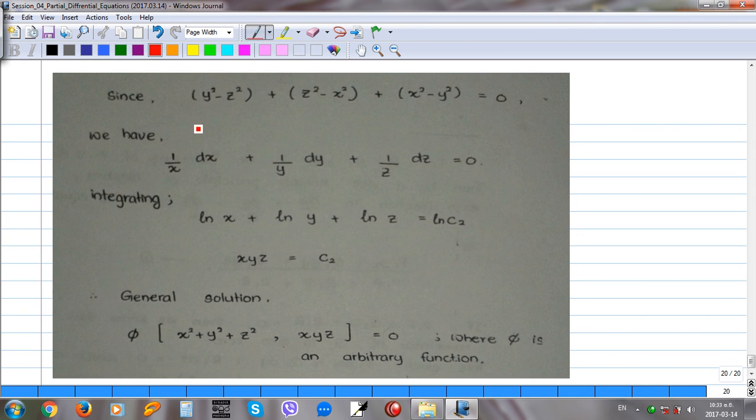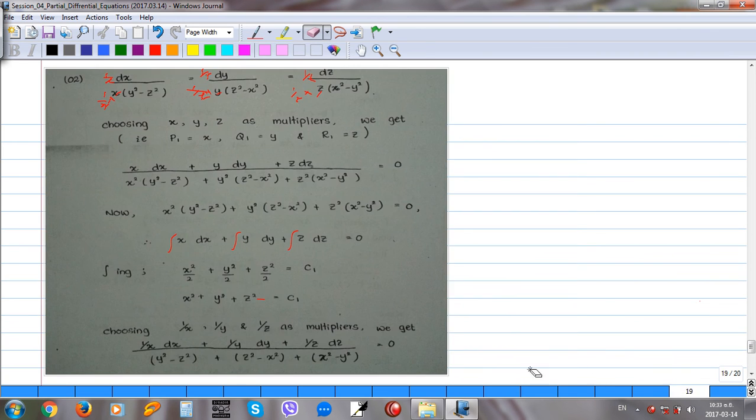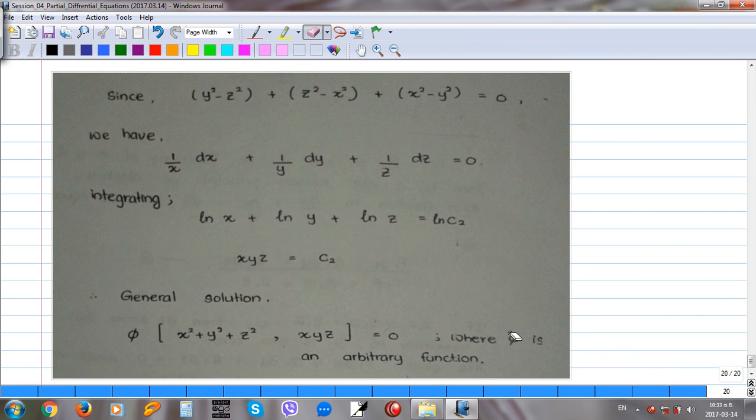Then after that we can integrate this. So if we integrate this, what happens? So here we have to equate this part to 0, 1 over x dx. Then we can integrate this integration, this integration, this integration. So this is ln, no?